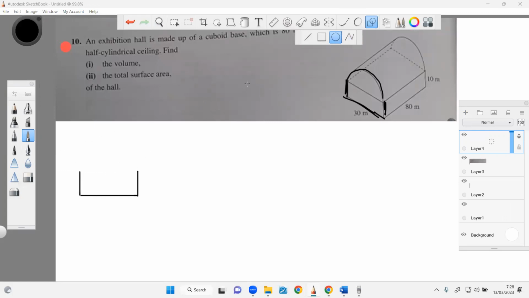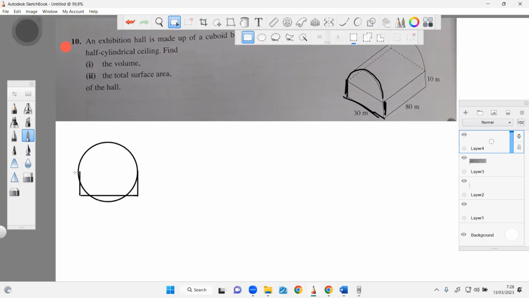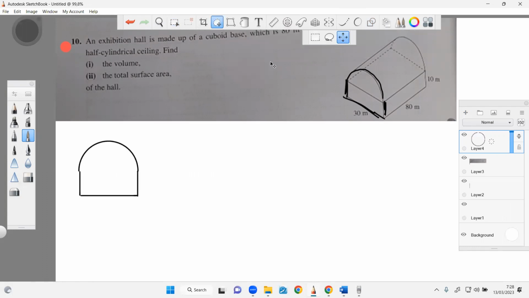I move it a bit to the right. There you go. This is the base, right? We mentioned the base and we put the dashed line, and then 30, 10. First thing first, you need to find the base area.